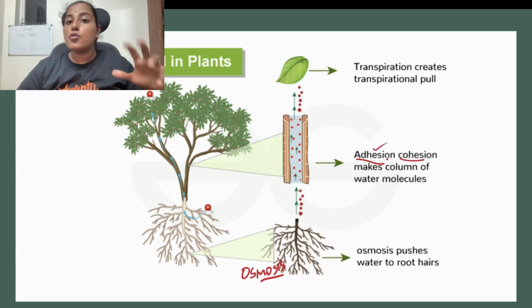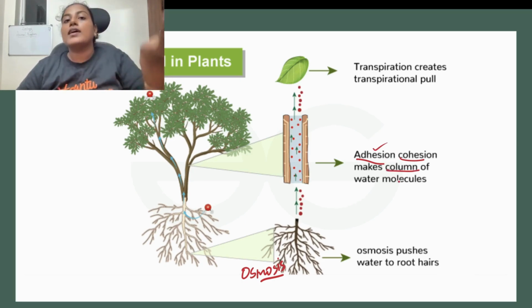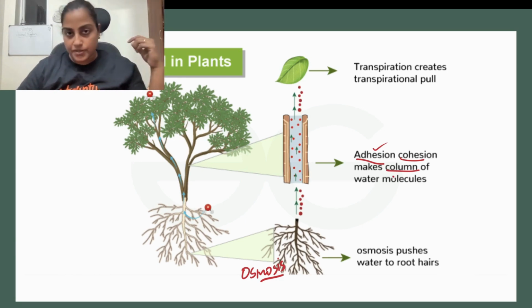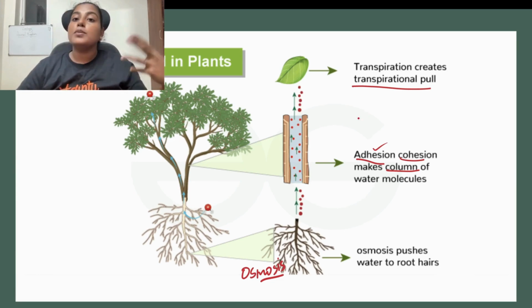These two forces are very important in maintaining a water column, and that water column is moving in the upward direction. This transpiration creates a transpirational pull. Simple. So during daytime, stomata are active, thereby transpiration takes place, thereby transpirational pull takes place. That is helping the plants to take up the water. So this phenomenon, transpirational pull, is a pulling force.